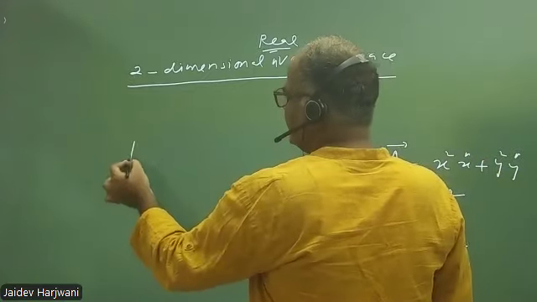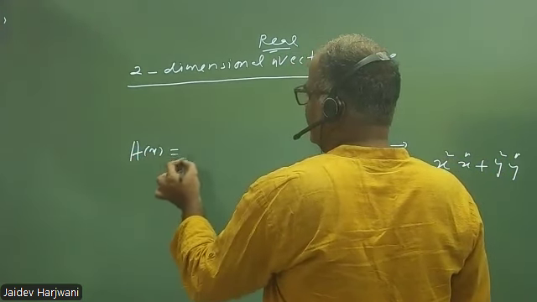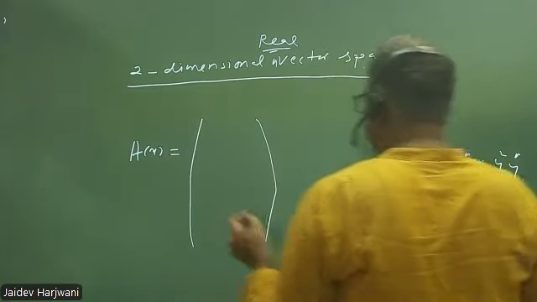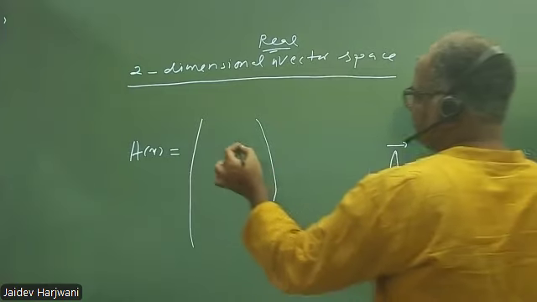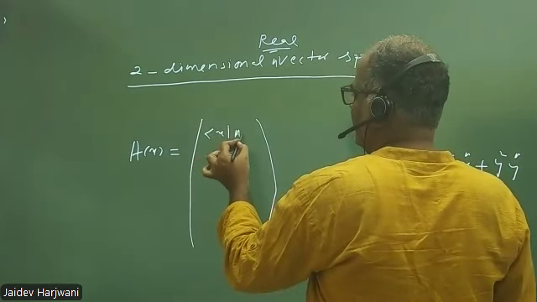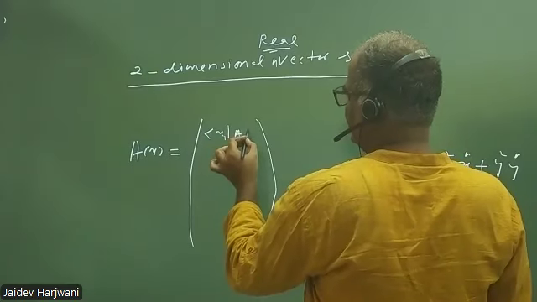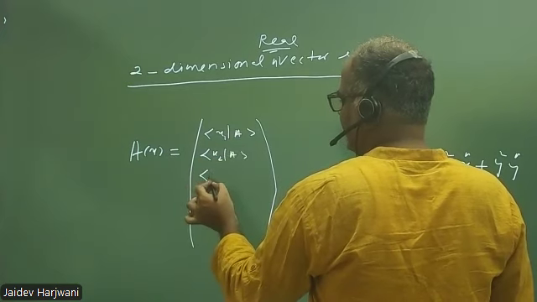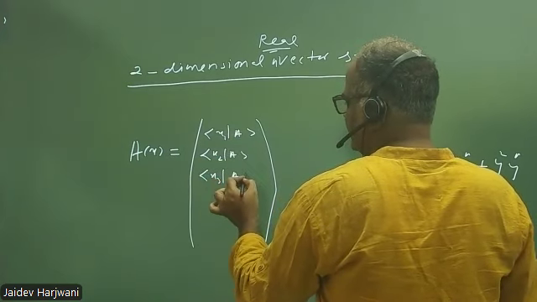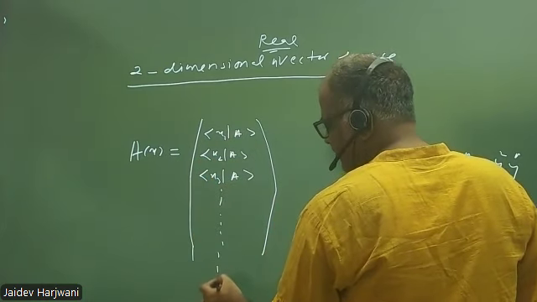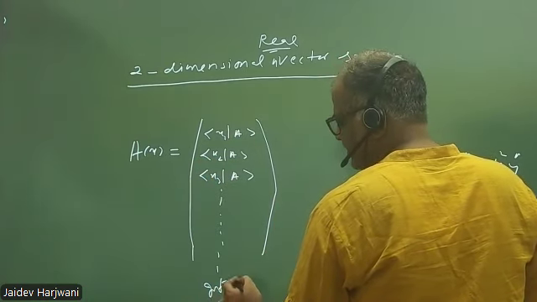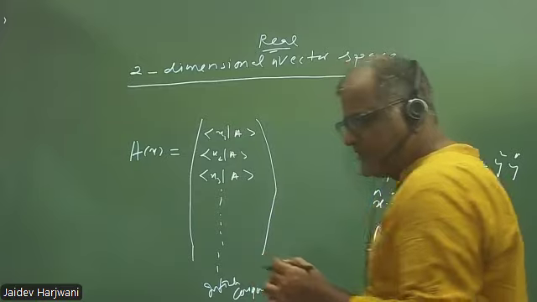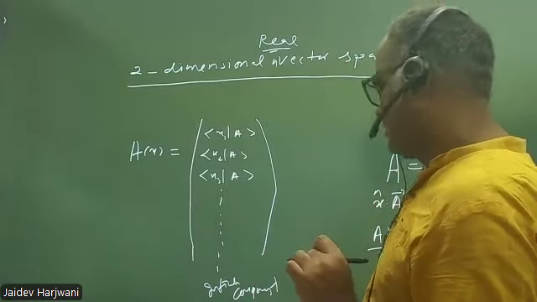So A of x is basically a state vector with infinite components, where I take the projection of A on x1, then the projection of A on x2, then on x3, and so on. These are continuous, up to infinite components. So a wave function is basically an infinite-dimensional vector.